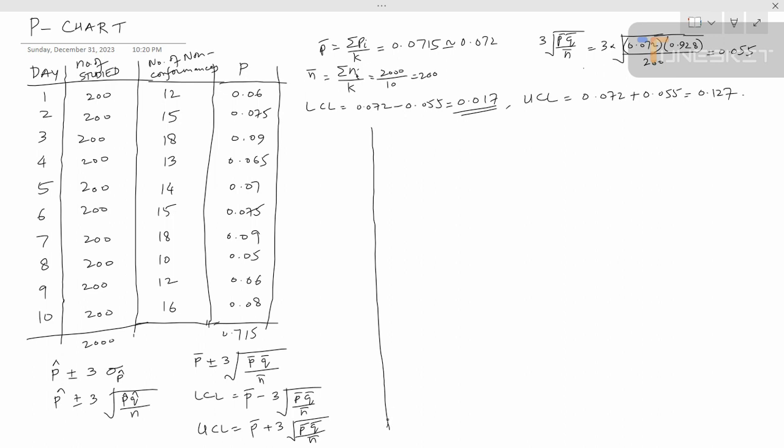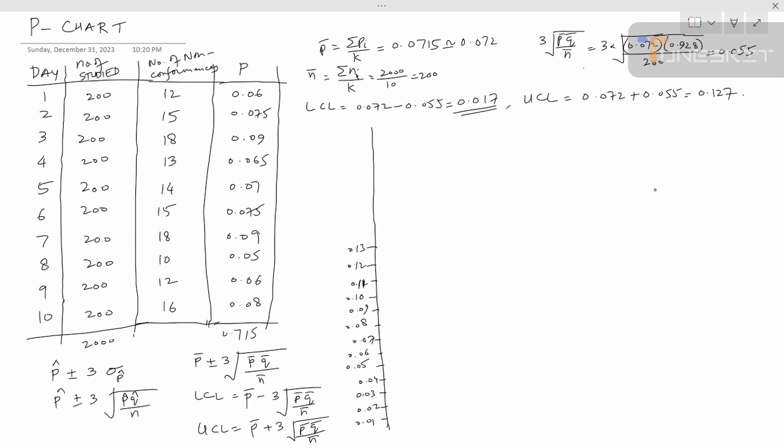So let's assume that this is 0.01, then 0.02, then 0.03, 0.04, 0.05, 0.06, 0.07, 0.08, 0.09, 0.10, 0.11, then 0.12, and then 0.13.